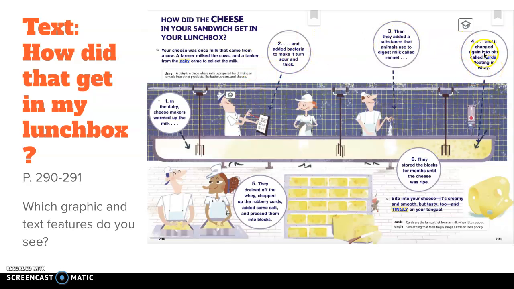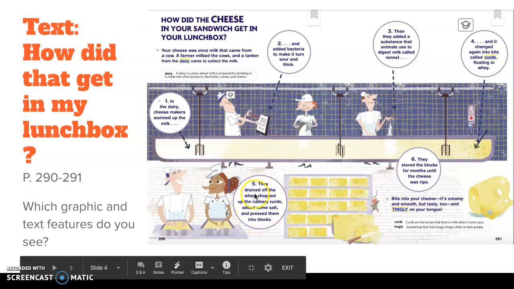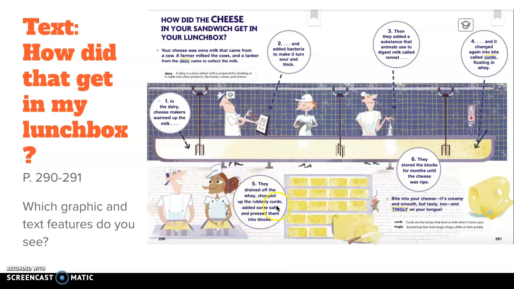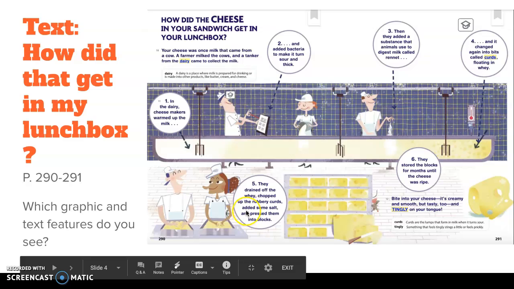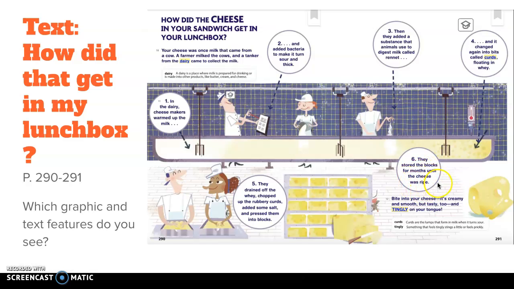So again, steps 1 through 4 have to do with how the milk is processed and becomes cheese. Step 5, they drain off the whey, chop up the rubbery curds, add some salt and press them into blocks. They store the blocks for months until the cheese is ripe.